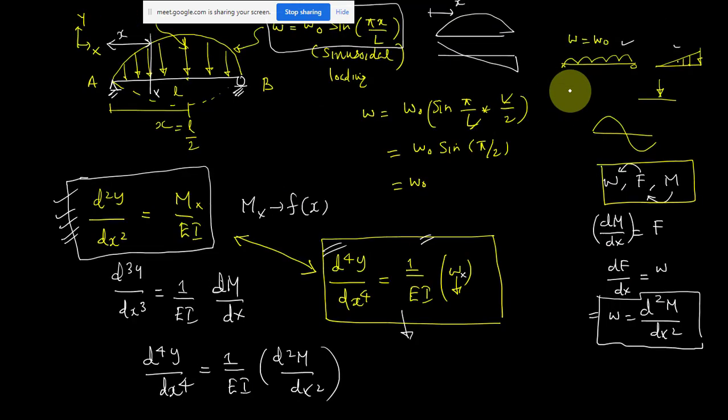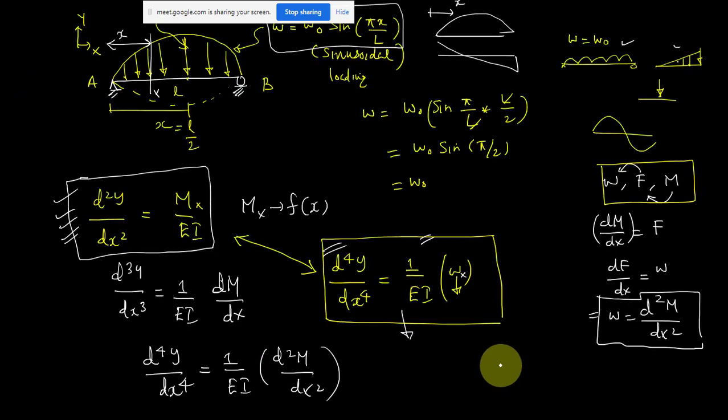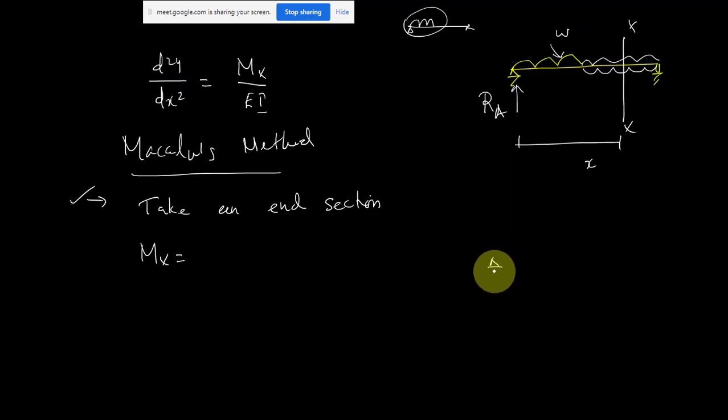I think I have to conclude. The limitation of the double integration method is that your loading should be continuous, otherwise you can't apply the double integration method. Even a beam with a point load, you can't solve easily. Suppose you have a simply supported beam with a point load. It will be very difficult to solve by the double integration method, because the moment equation will be different.